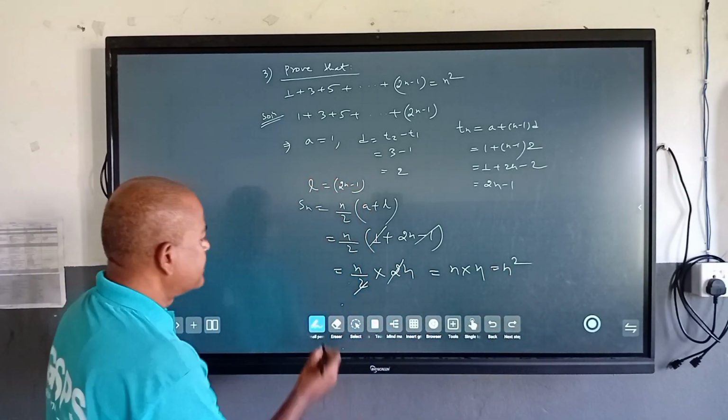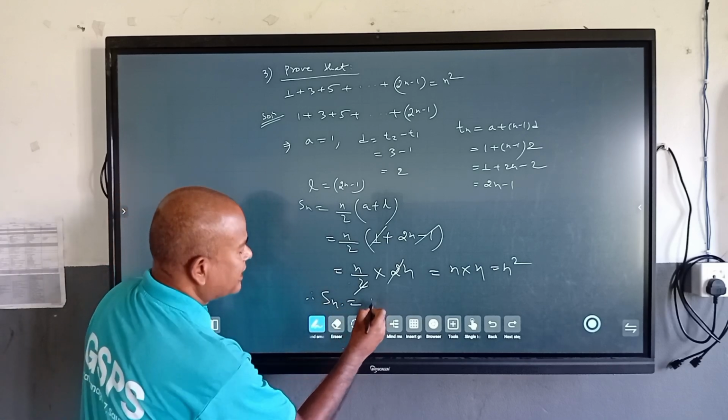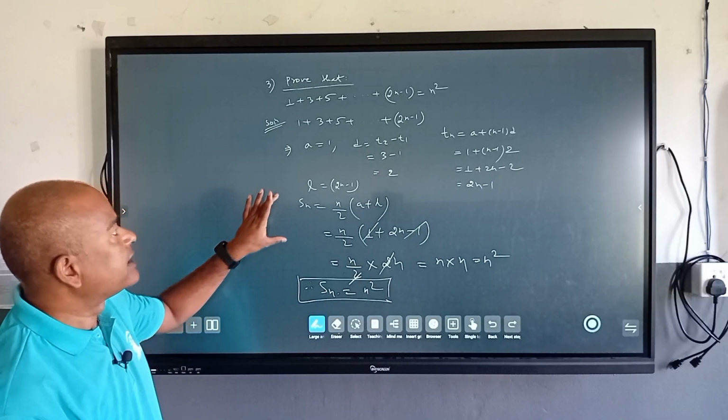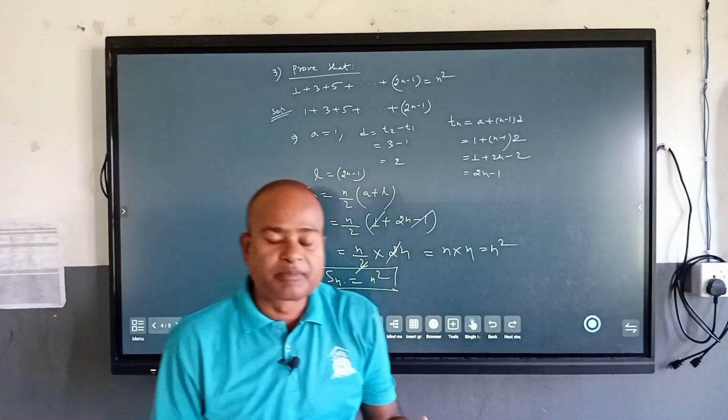So dear students, we have got Sn equals n square, which is the sum of the first n odd numbers.